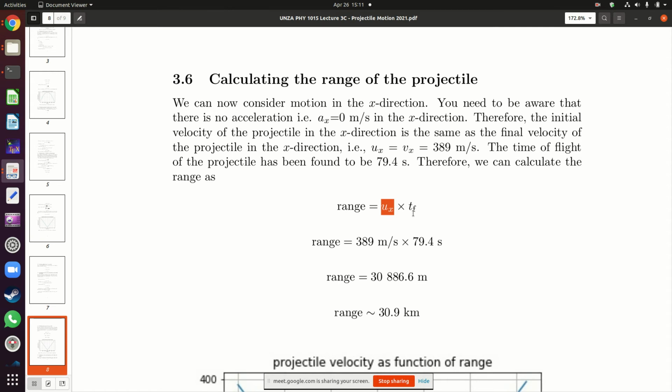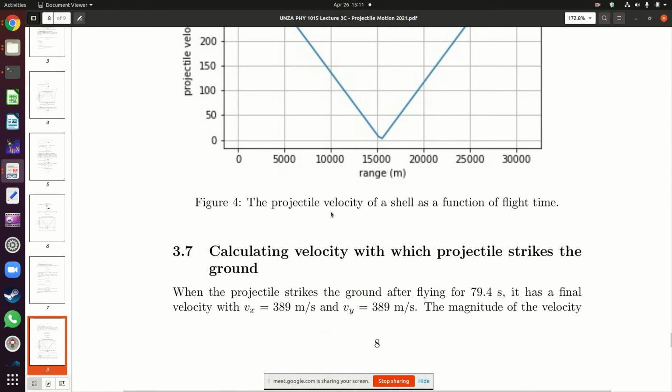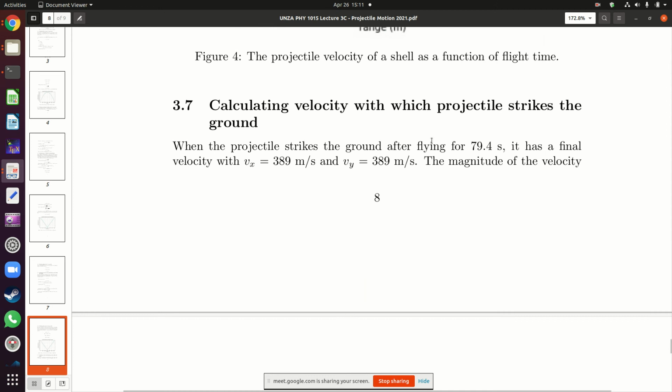Are we clear? Last but not least, you want to work out the velocity with which the projectile is going to strike the ground. We know that in the y direction, the velocity is 389 meters per second, and also along the x direction, the final velocity is 389 meters per second. So these Vx and Vy are the final velocity components: the final velocity along the x component, the final velocity along the y component.